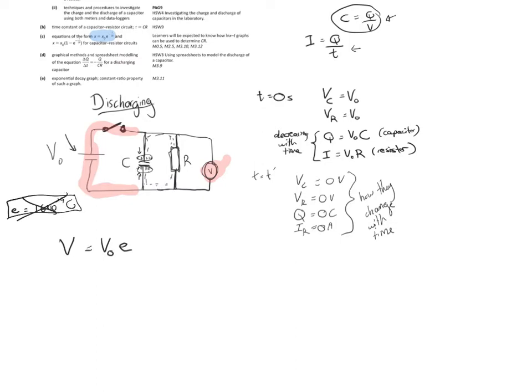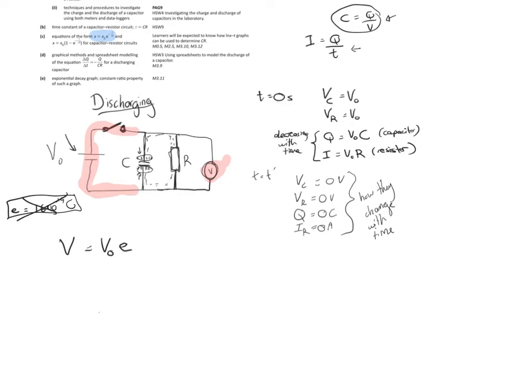The number is just an important number, and it's the base of natural logarithms. Its actual value, if you put it on the calculator with the e to the x button, will give you a value of 2.718 and so on. So it's an irrational number, similar to pi. So please don't mix that up with any of these other values that we're going to talk about. I'm just going to get rid of it for now because it's going to make it look messy again. So we're going back to the equation.